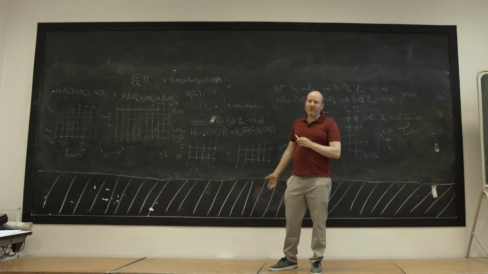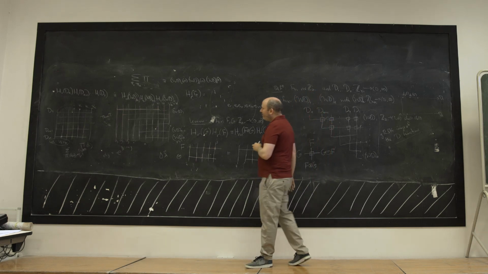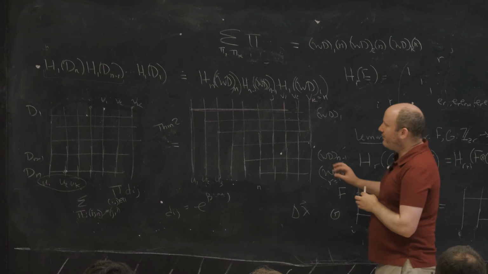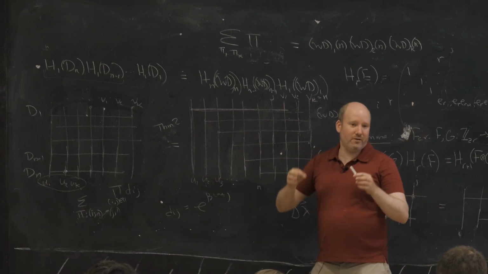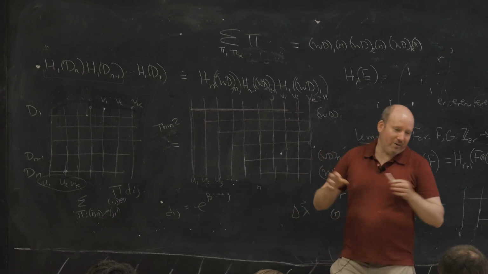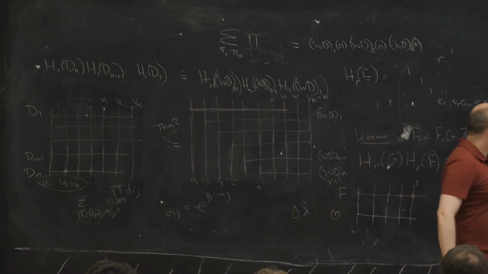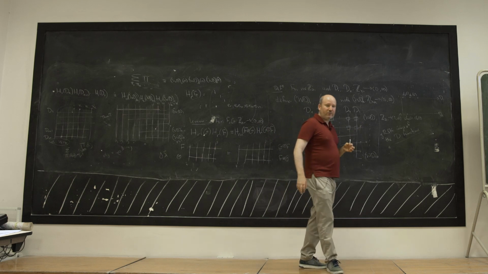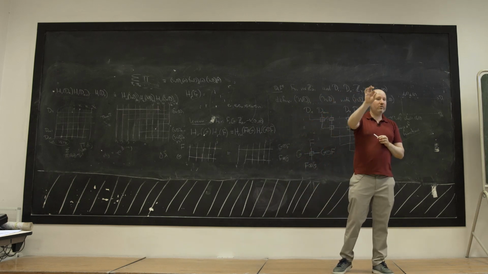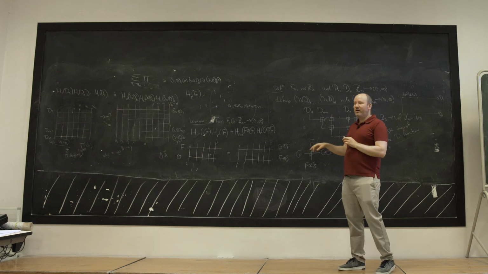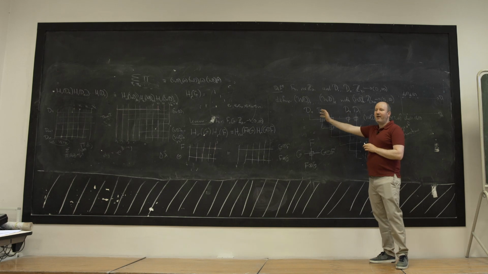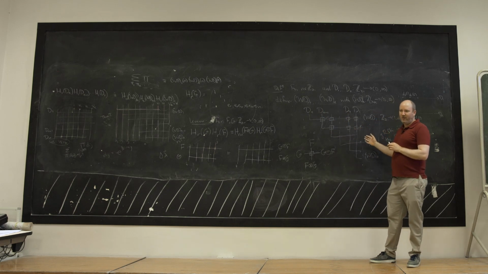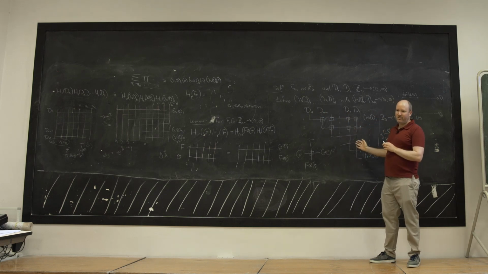Originally, RSK correspondence was formulated by a notion of kind of insertion and bumping, some very local algorithm that acts on semi-standard Young tableaux, that acts on the sort of lambda matrix in a very, you insert in a new weight, and that causes certain things to move around very algorithmically. These Pitman transforms in this picture is somehow a very nice encoding of that algorithm.